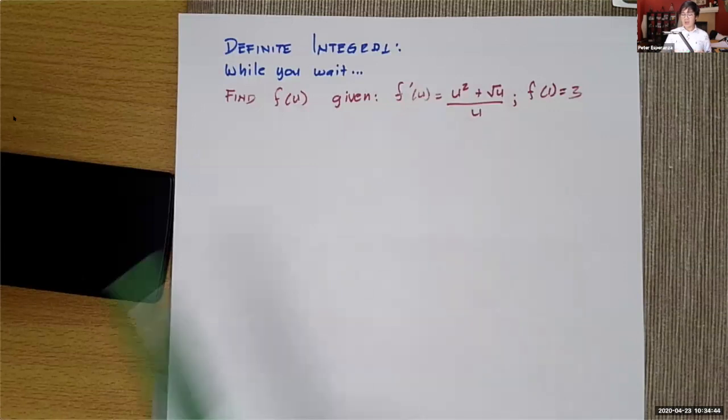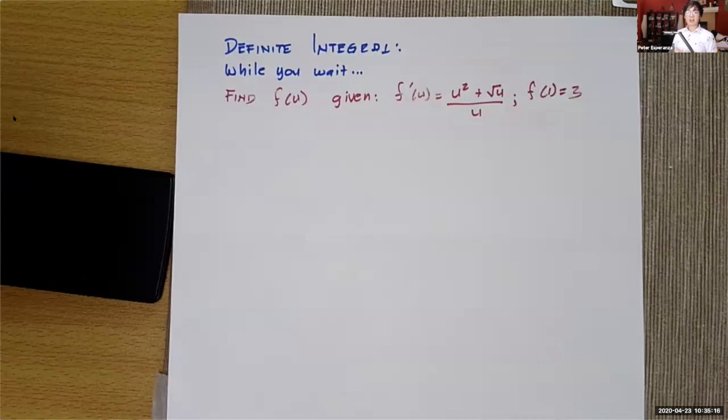While you were waiting, I asked you to find f of u, which is the original function, because if we do the indefinite integral, we're basically finding the original function of our f of x. Now we have the derivative function, f prime of u, and I want you to find f of u given that f prime of u is u squared plus square root of u all over u, and f of 1 is equal to 3, which means your constant is no longer just going to be in its general form.